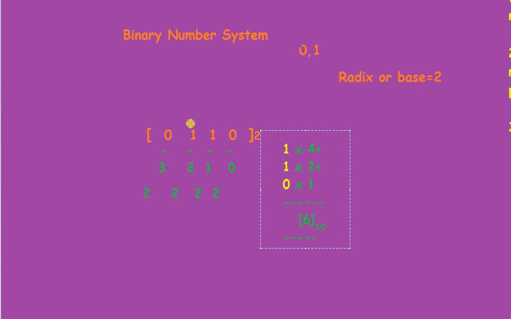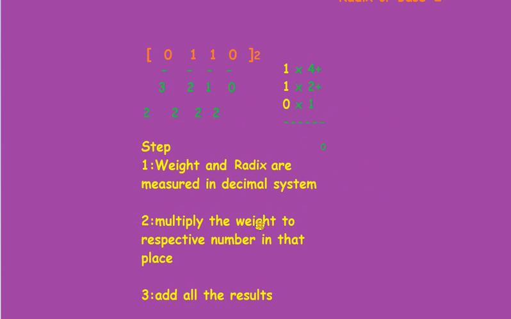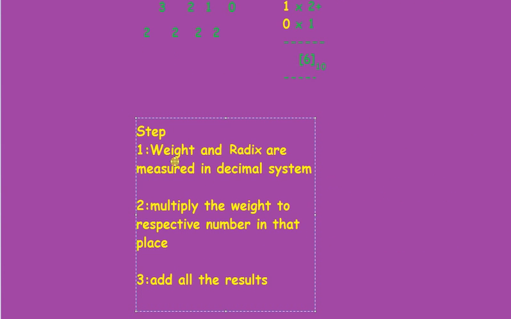So number 110 in binary is equivalent to 6 in decimal. Let's just get back to the steps we have done. You see, weights and radix are measured in the decimal number system, multiplying the weight with the respective number in that system.